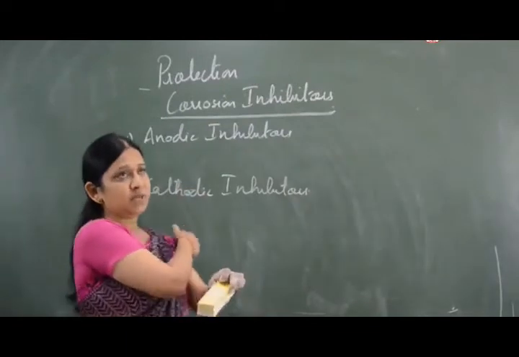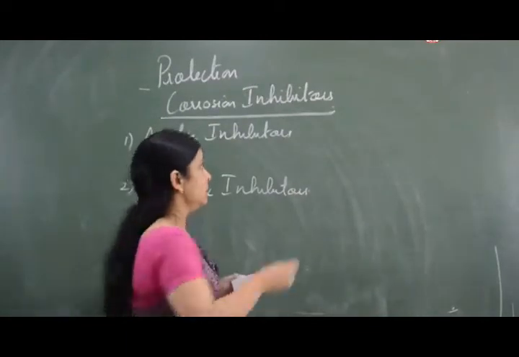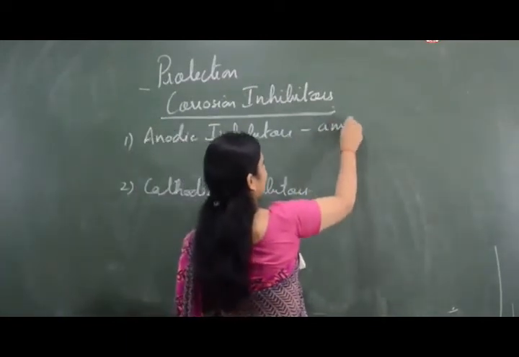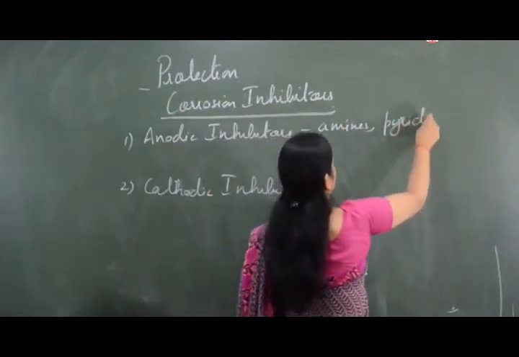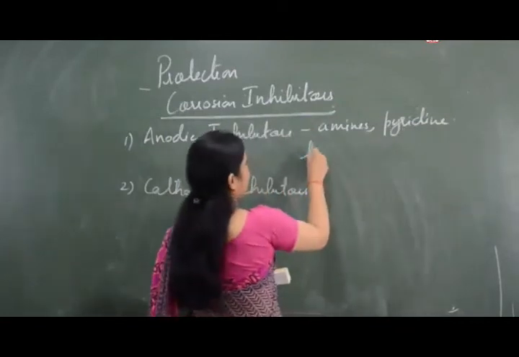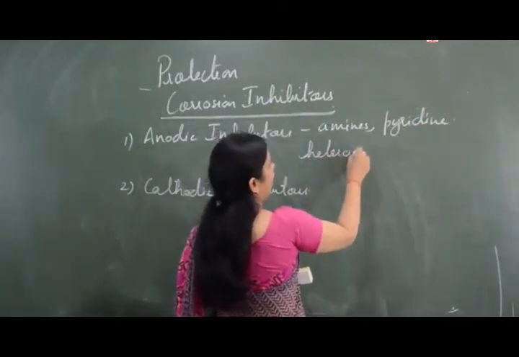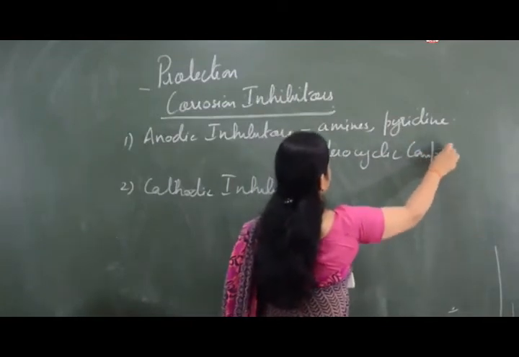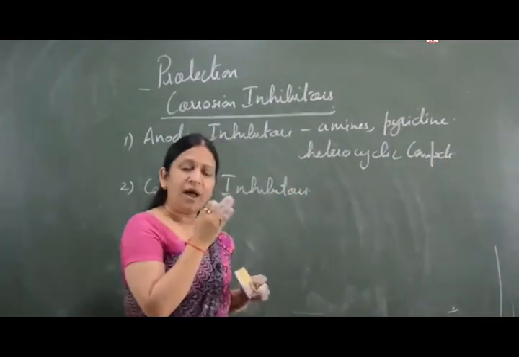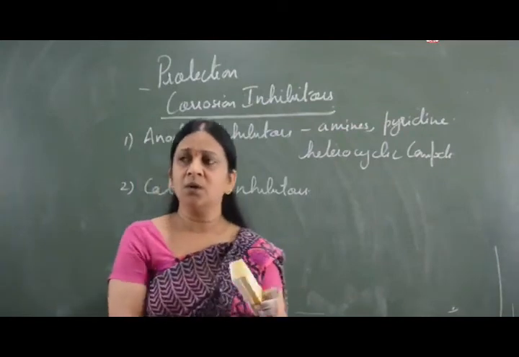Anodic inhibitors means we add amines, pyridine, or heterocyclic compounds. When we add these substances, what is happening?